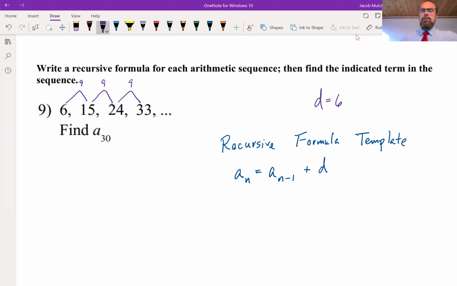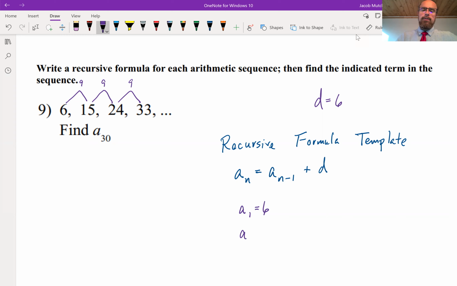And for a recursive formula, what we need to include are the first term, and then substituting this D value, the common difference, into the template, that formula. So we'll say our first term, a sub 1, is 6.